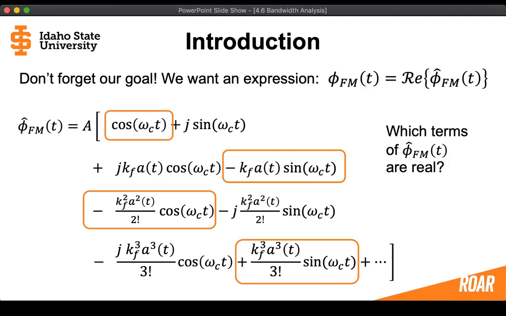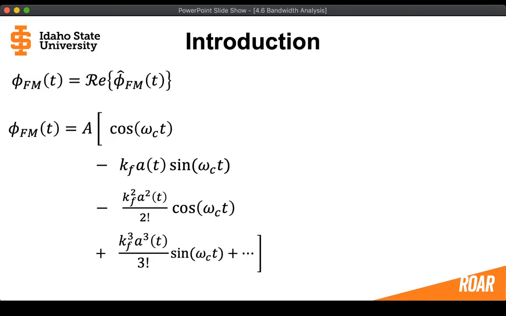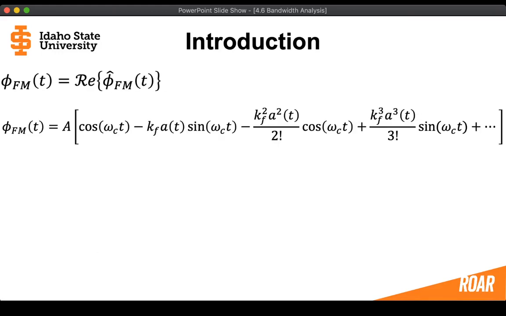So every other term, it goes back and forth between whether the cosine part is real or the sine part is real. So if we want to find this phi FM, the modulated FM signal, it's just the real part of that phi FM hat. And so now we have an expression for the FM modulated signal that contains the real parts only after applying this power series expansion.